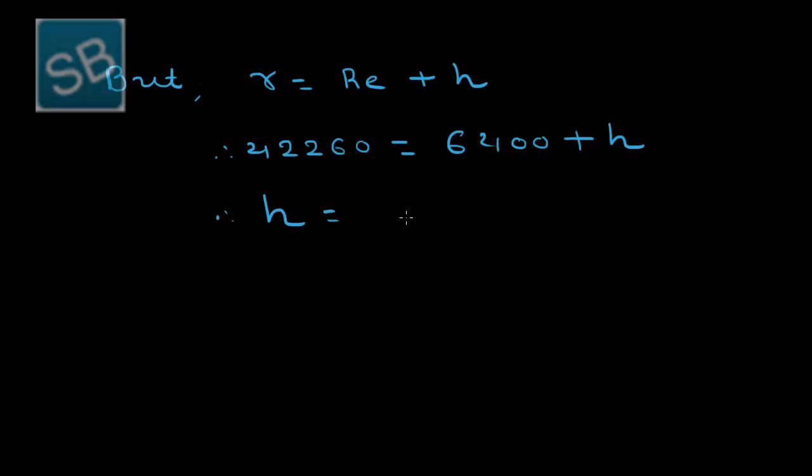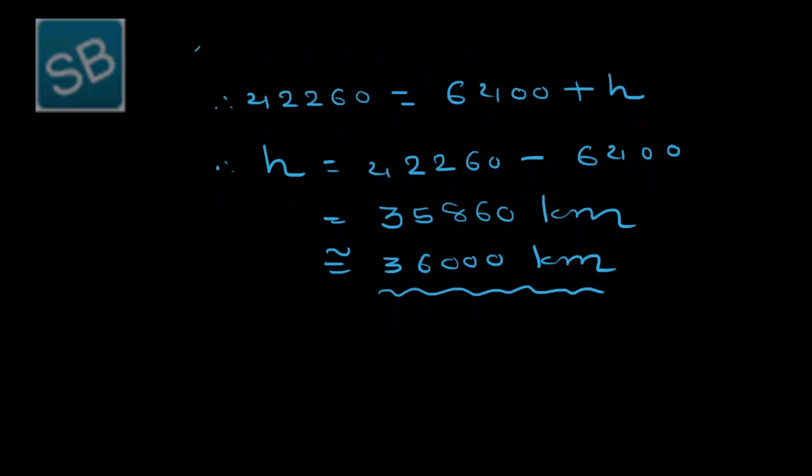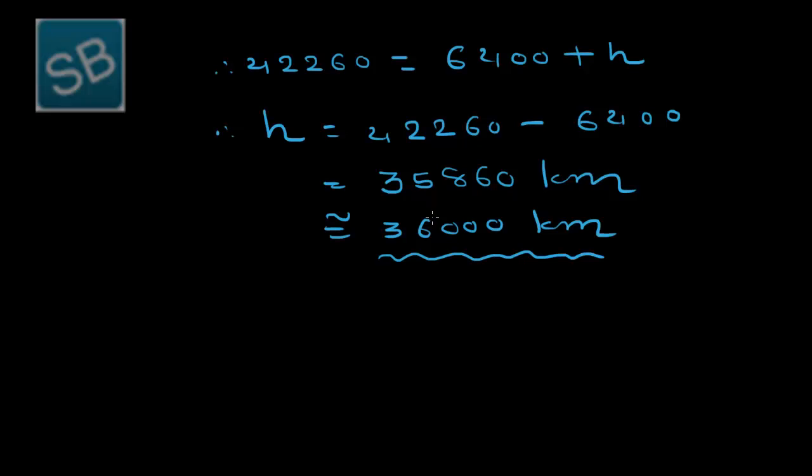So from this I can find out the value of height h, 42,260 minus 6400. So we will get the answer 35,860 kilometers, which is nearly, you can take about 36,000 kilometers. So at this much height there is existence of a geostationary satellite, and this satellite cannot remain geostationary at any other height except this one.